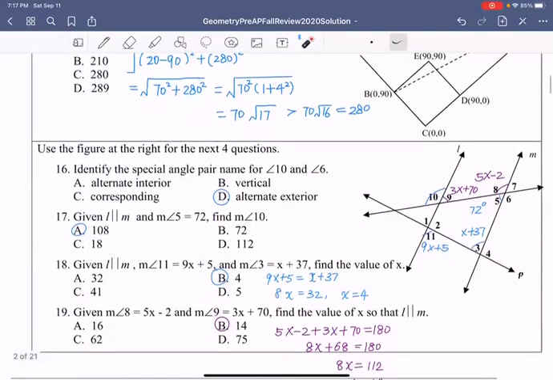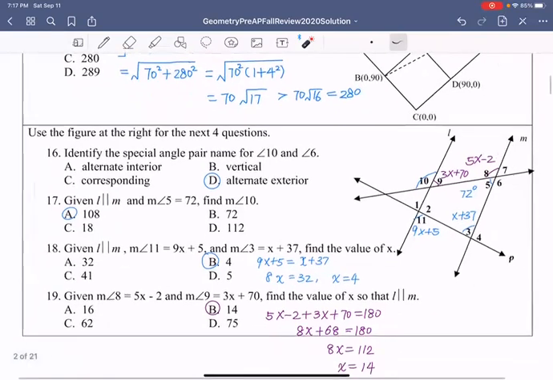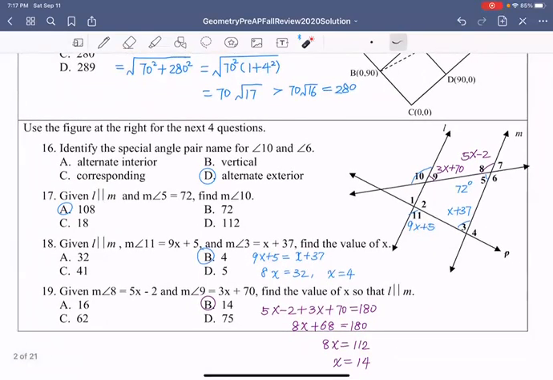Okay, next is all about those angle relationships. So I'm going to call Alan. Let's see, number 19.